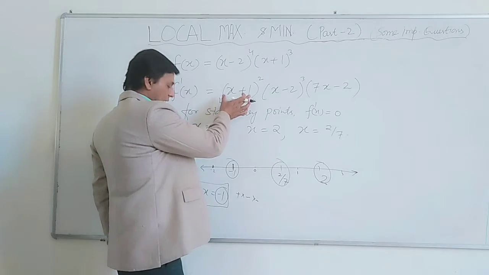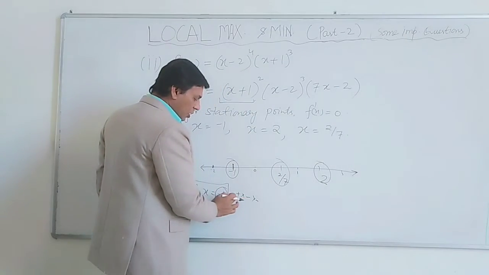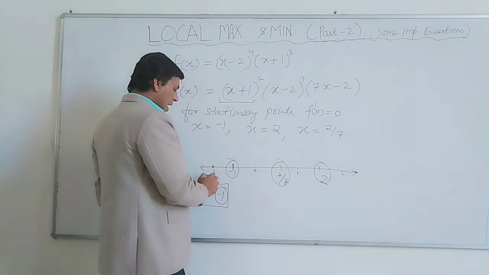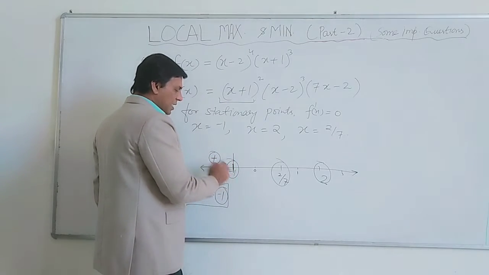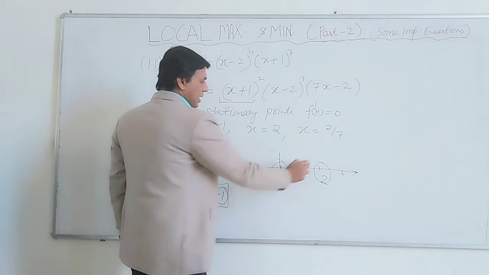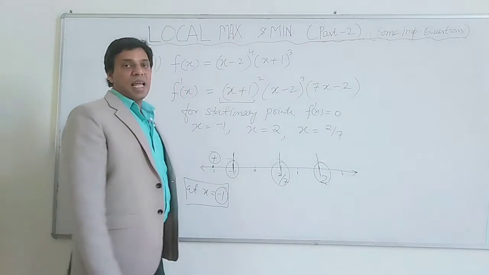So at -2, this is positive, negative and negative. So overall the sign of the derivative will be positive.